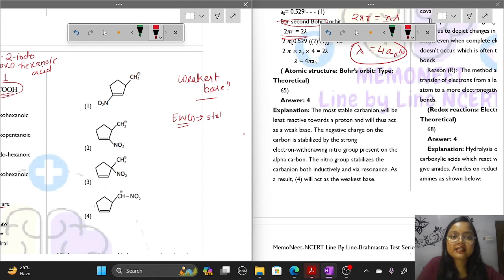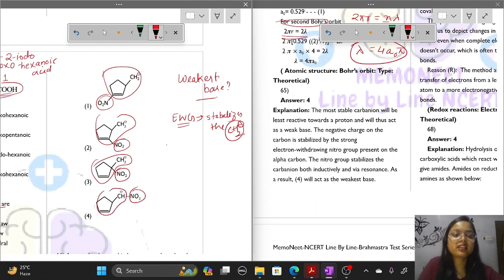It stabilizes the carbanion. In all the cases there is an NO2 nitro group present, so this part is the same for all; only the position of the nitro group is changed in every option.